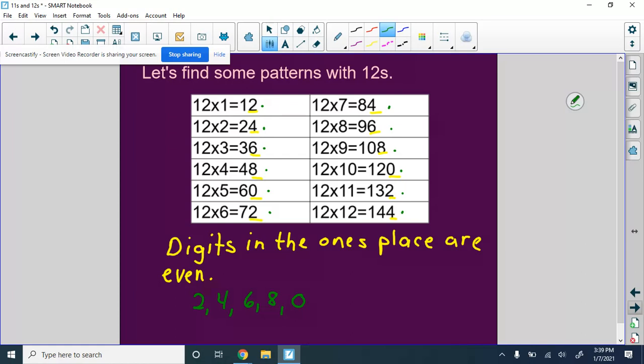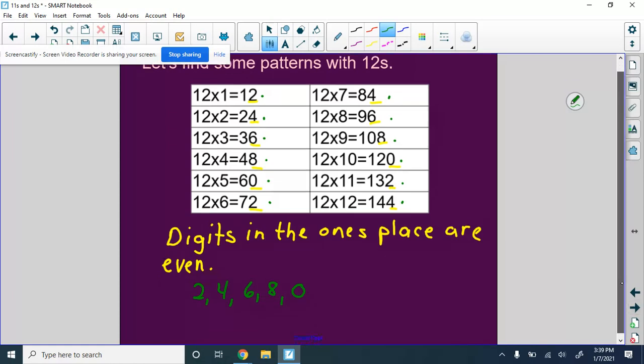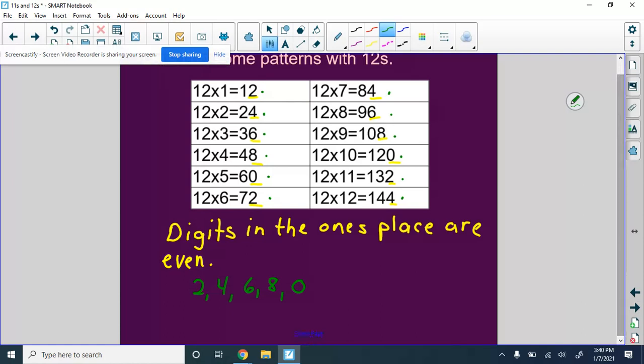Now what happens to the tens place? Look at the digits in the tens place. The digits in the tens place start with a 1, and then a 2, and then a 3, and a 4. But we don't have a 5, do we?